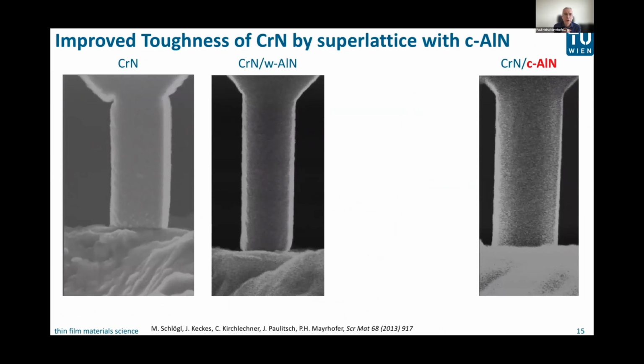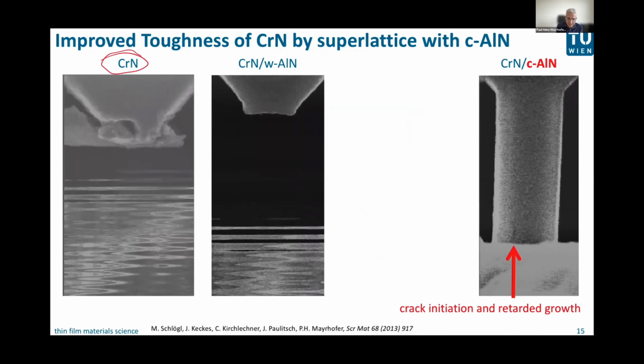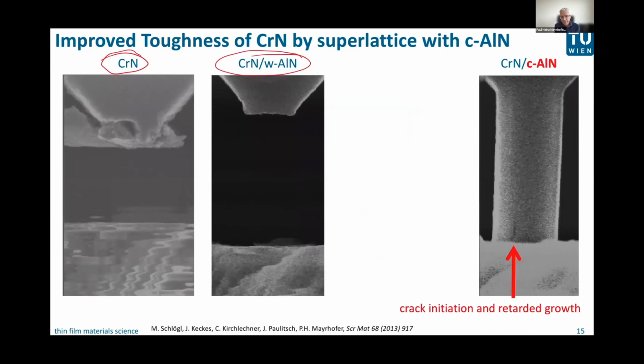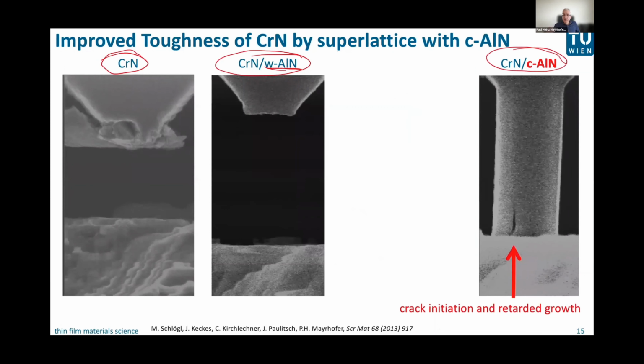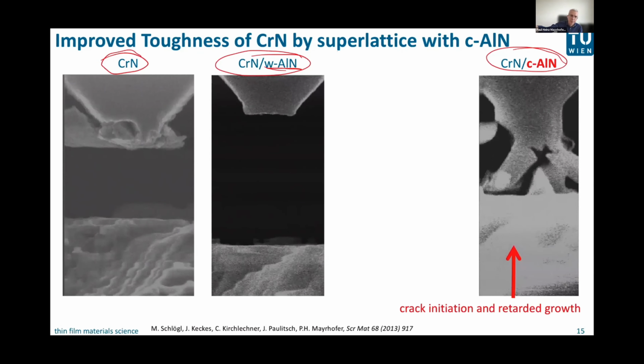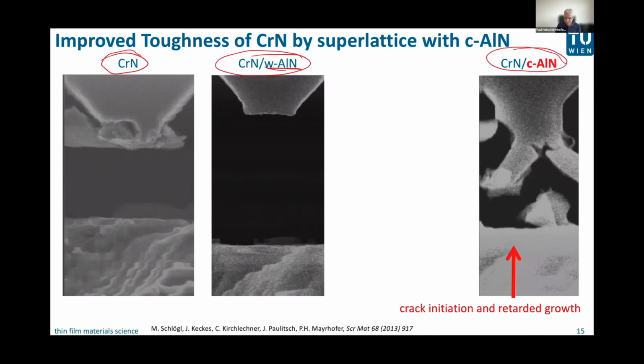Here I started already 3 movies. This is just the chromium nitride coating. This is a multilayer where aluminum nitride is in its stable wurtzite structure, so no phase transformation possible. And here, aluminum nitride is in the metastable state and could phase transform into the more spacious hexagonal structure, right? The crack is formed, but further propagation is hindered, and that is very effective.